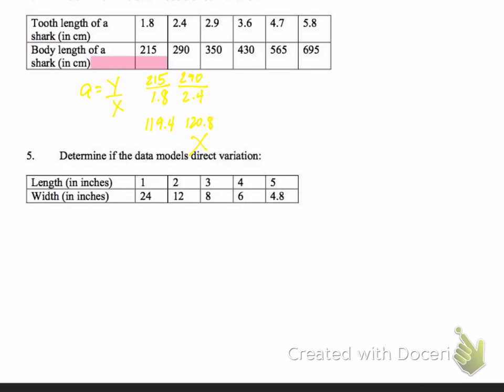And you could keep going, but it's going to tell you that it's not the same. They have to be exactly the same. So since they do not have the same proportion, I would say no, not the same ratio or proportion of y over x. Not the same.